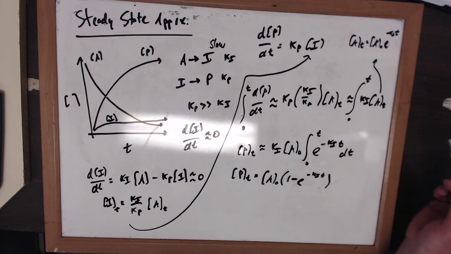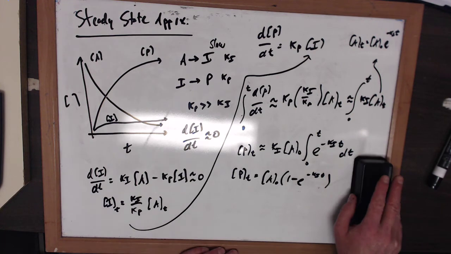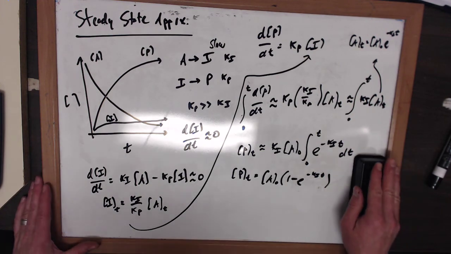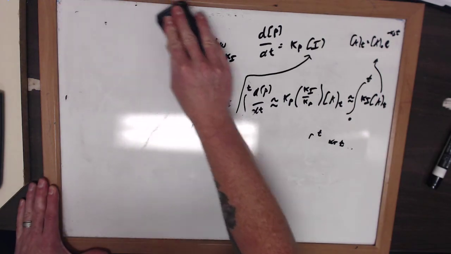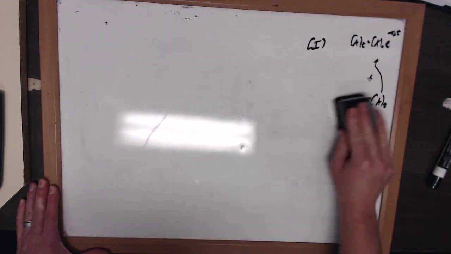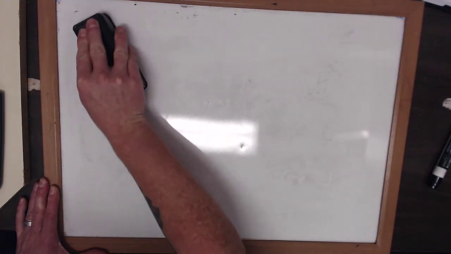Okay, so I'm going to give you guys an activity here. So I'm going to erase everything, and I'm going to have you look at a real mechanism, and then I'll pause the video, or you should pause the video rather, so that you can apply the steady state approximation and see what kind of stuff you come up with.